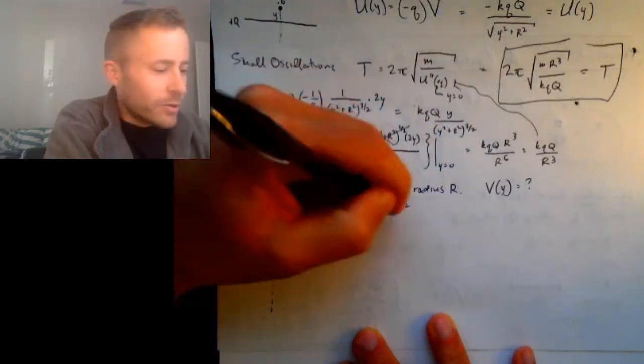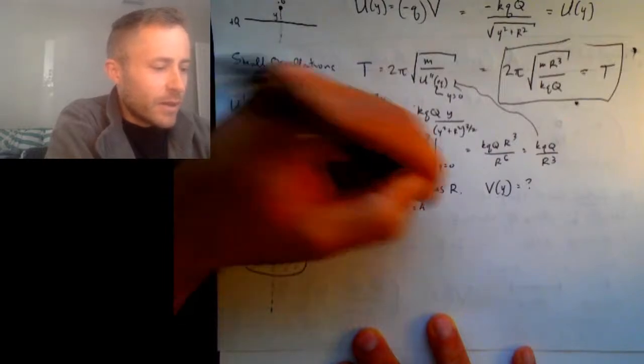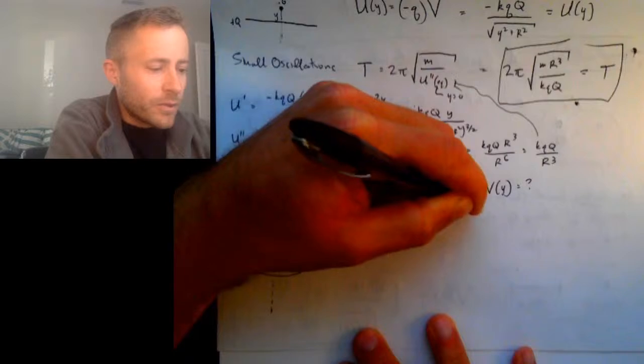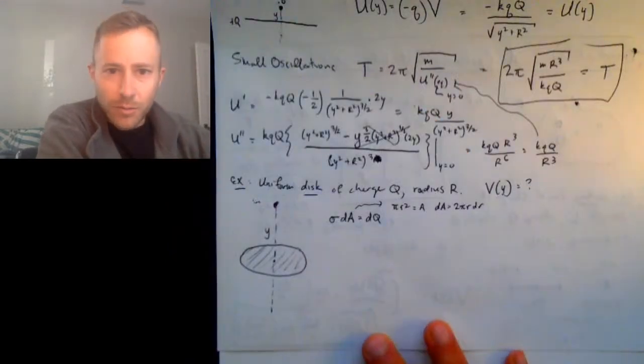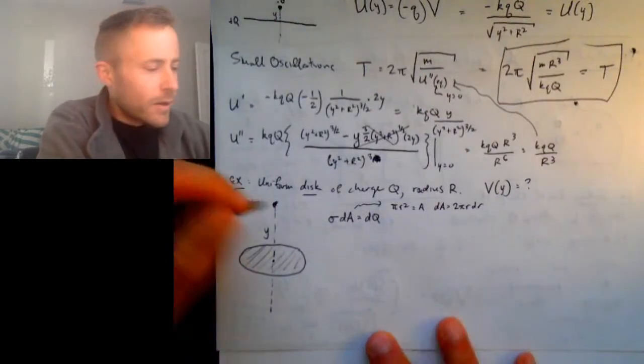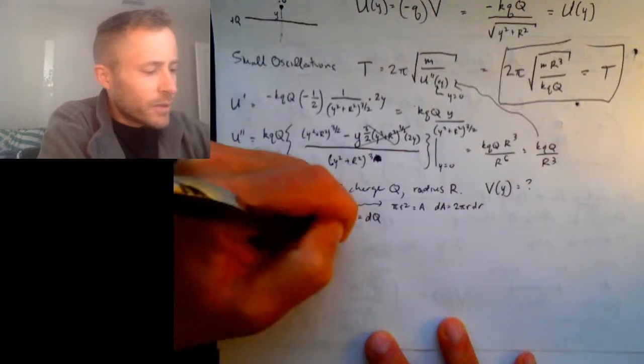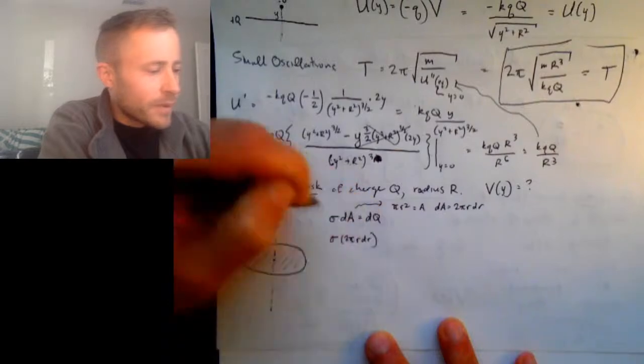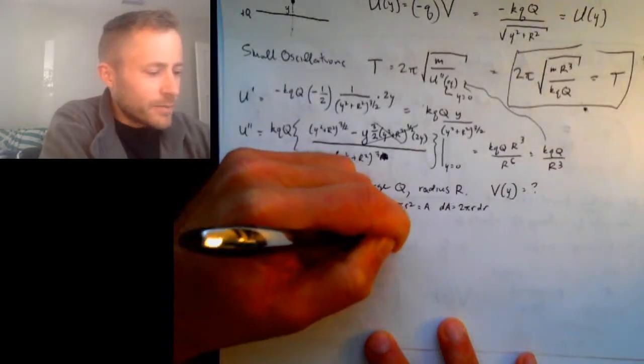And so dA is going to be 2 pi r dr by taking the derivative like we have before. So I get sigma times 2 pi r dr is dq.